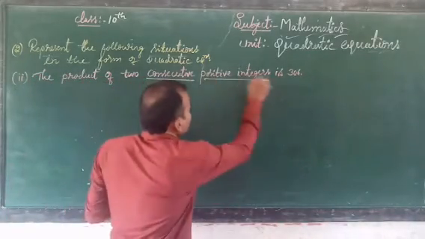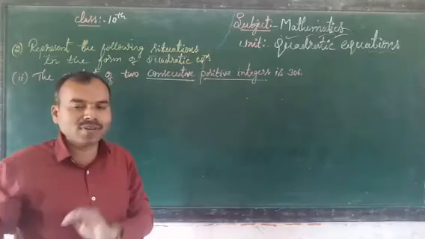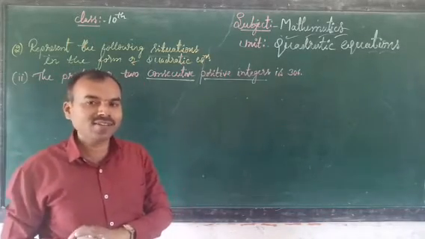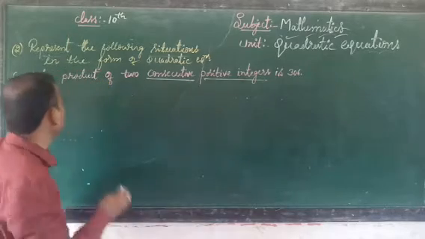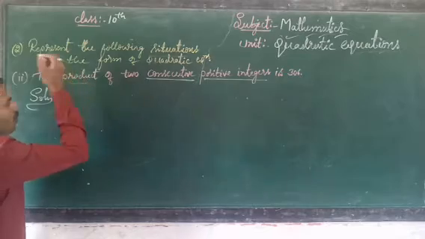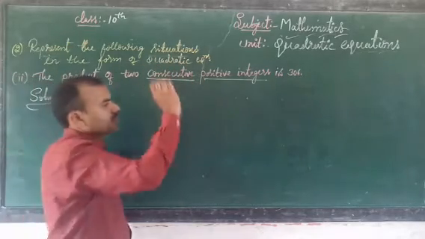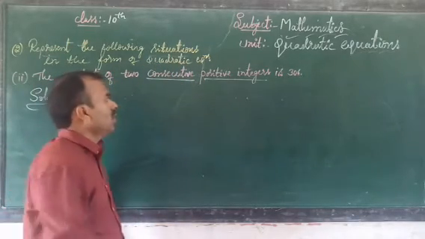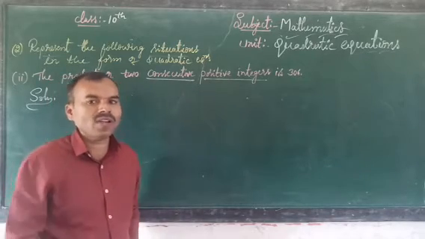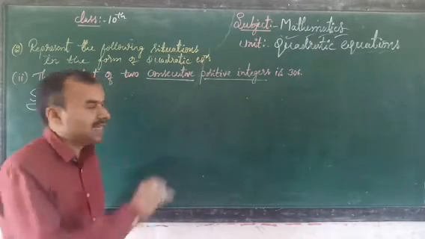Consecutive positive integers are continuous numbers, 1, 2, 3, 4, 5, etc. Take the solution. The product of two consecutive integers is 306. We don't know the consecutive integers; we have to find those.